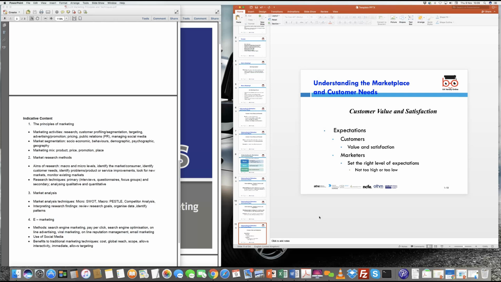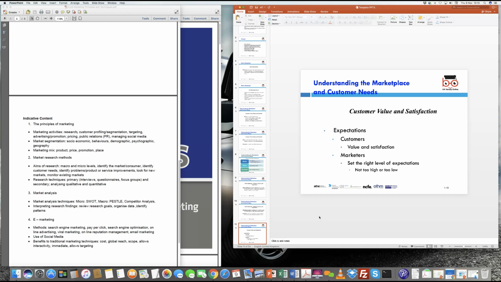So customer value means if the customer is willing to buy a product at a certain price, and that price is something which is giving profitability to the company, it basically means there is a match between what the customer is willing to pay and the company is willing to sell.